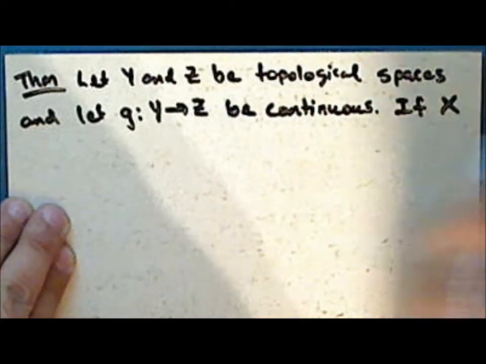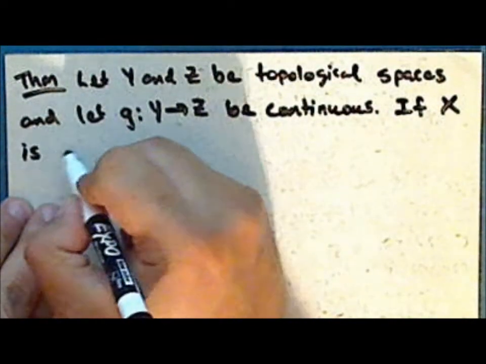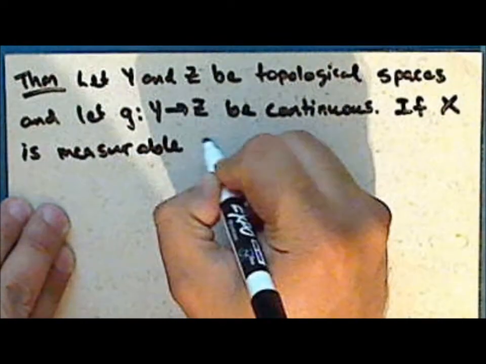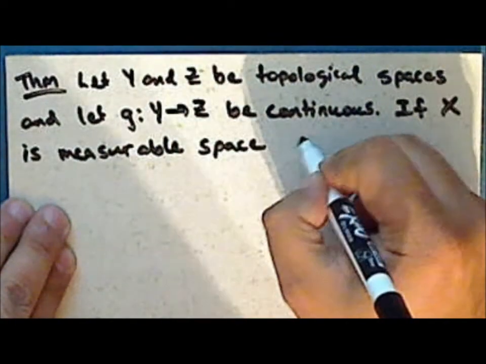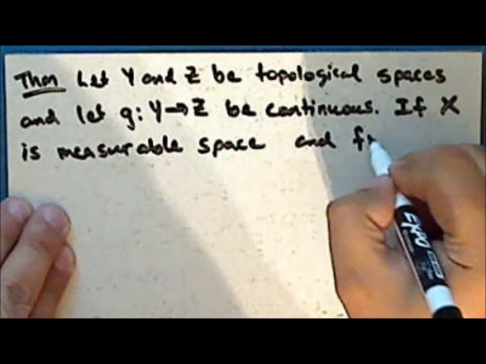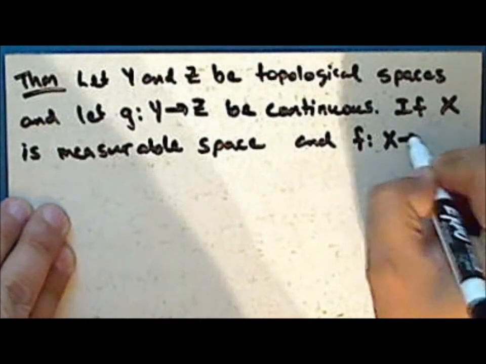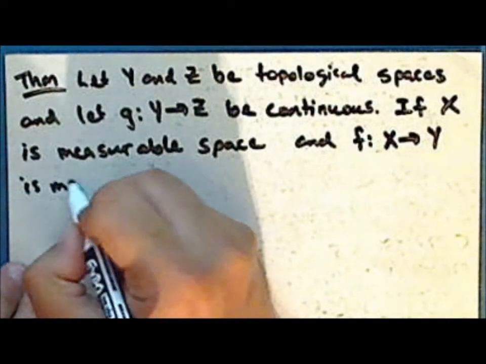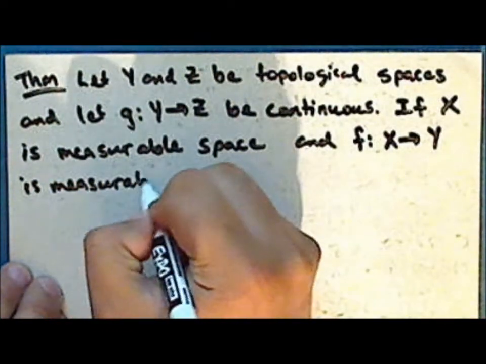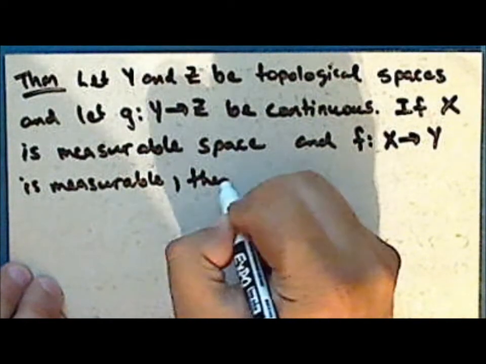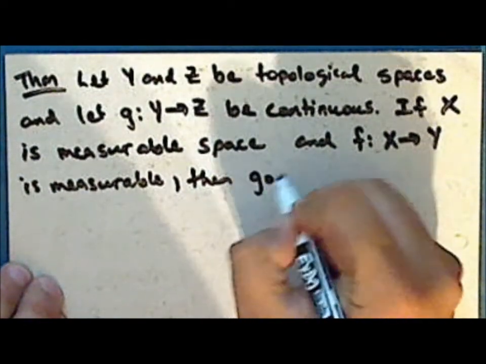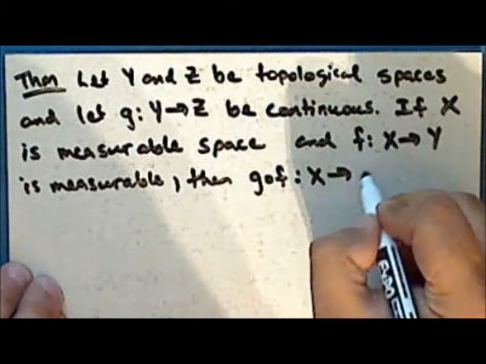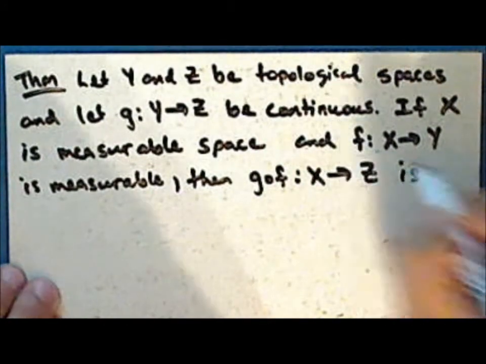If X is a measurable space, and the function f mapping the measurable space X into the topological space Y is measurable, then the composition of G with F, being a map from the measurable space X into the topological space Z, is measurable.